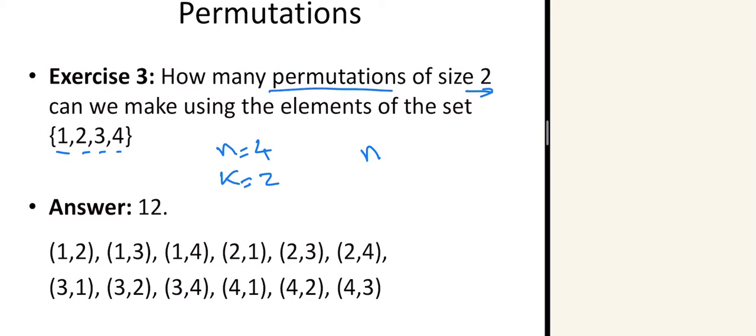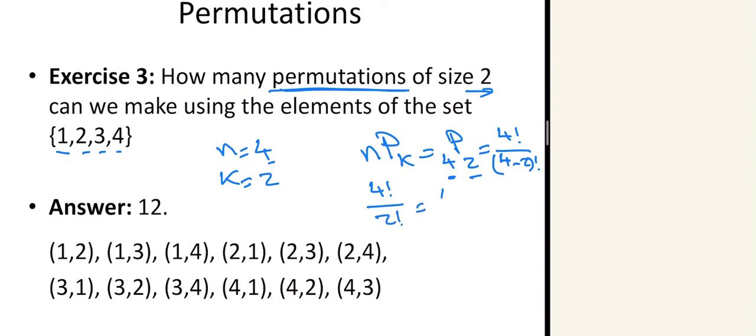Here it is permutation, so order matters. nPk with n equal to 4 and k equal to 2, equals 4 factorial divided by (4 minus 2) factorial, which equals 4 factorial divided by 2 factorial, equals 4 times 3 times 2 factorial divided by 2 factorial. The 2 factorial will cancel, so the answer is 12. As simple as that.